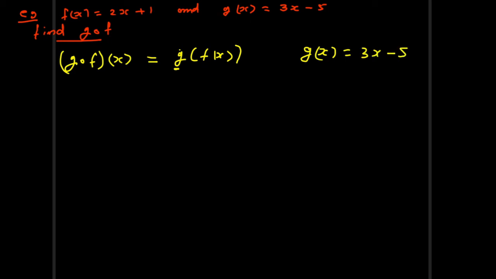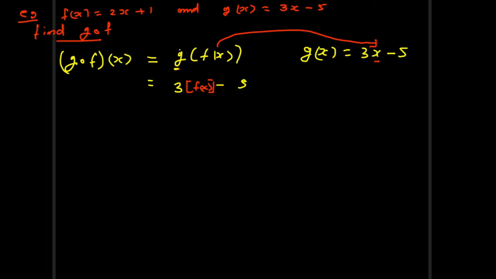So here you write 3, then minus 5, and this x is replaced by f of x, that is, f of x is substituted for x in g of x. Clear? In g, first you write the g function, then replace x by f of x.